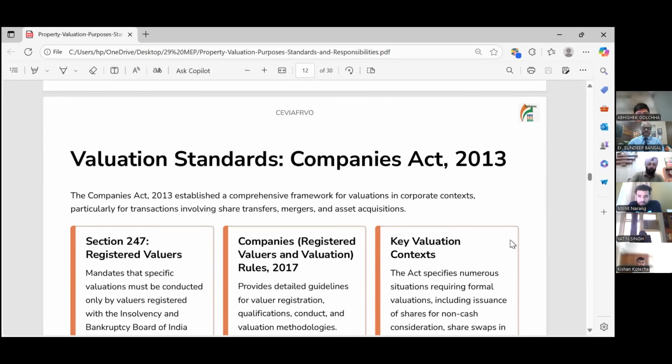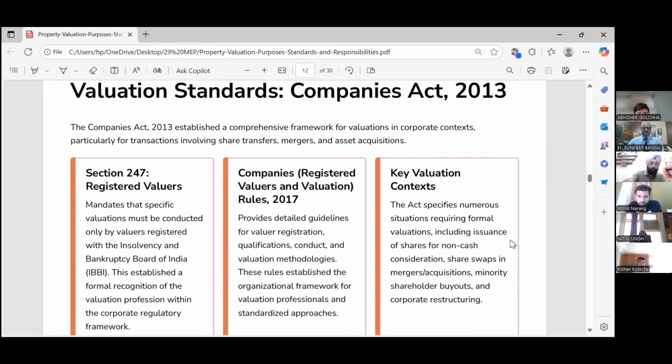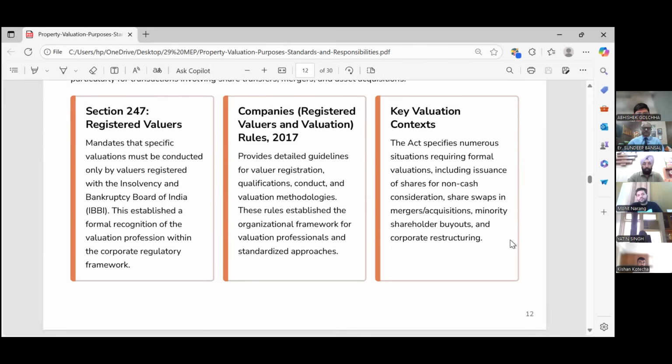First thing is you must know what is Section 247. We will learn it in detail during our general laws portion. But here, this section says that the specific valuation under Companies Act must be conducted by the registered valuers who are registered with the Insolvency and Bankruptcy Board of India.